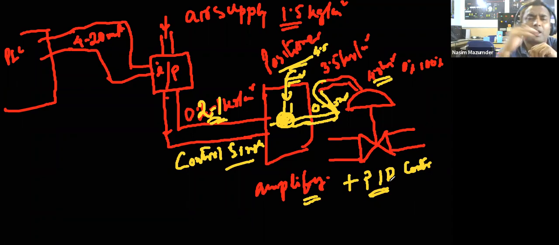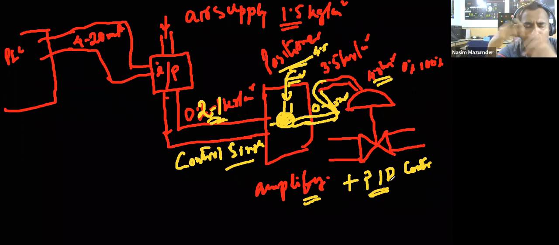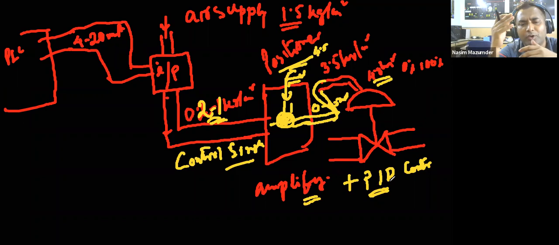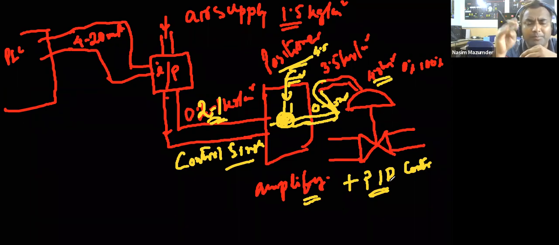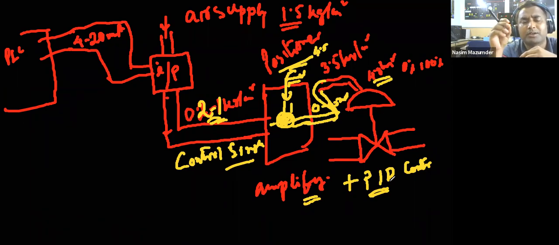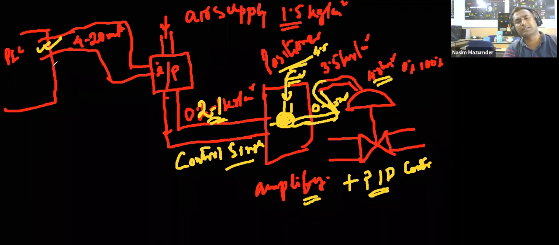And another PID you can use inside the PLC, where you set all your process variable and set points like your P constant, I time or D time. Then that will be used to calculate the electrical signal that is coming out, 4 to 20 milliampere.